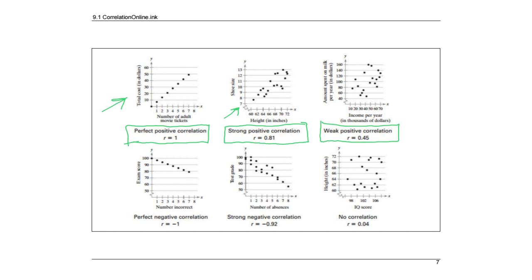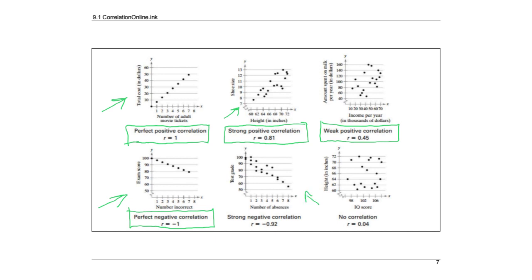All right, so let's go to the bottom row. On the far left, you can see that these are exactly in a line, but they're headed downward, right? And so we have a perfect negative correlation, and R is -1. That's because it's headed in the negative direction, like a negative slope. The next one here is pretty good.